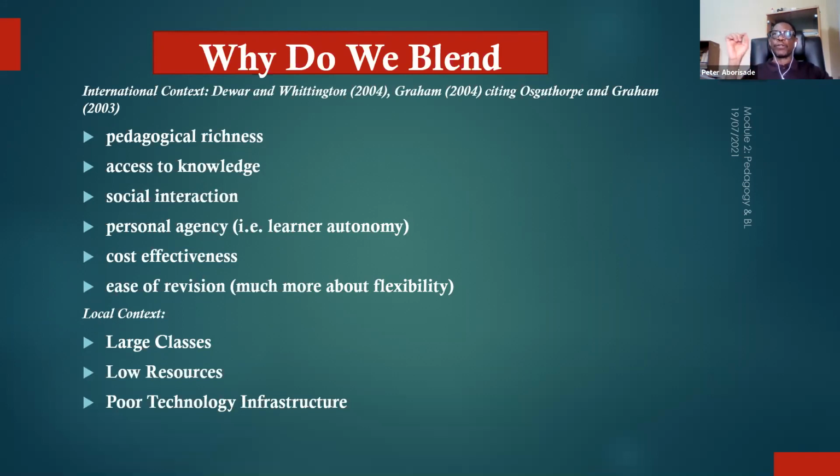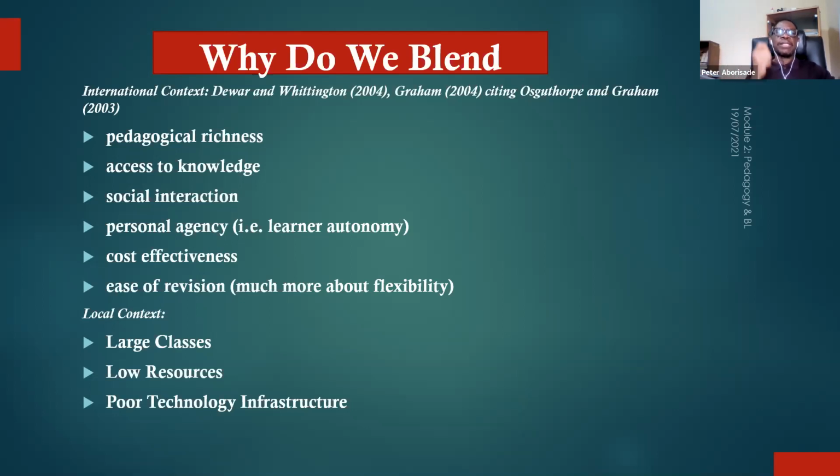Poor technology infrastructure, low resources, and therefore large classes to give access to more and more young Nigerians who want to access education. If we do not find some other means, the face-to-face mortar and brick classrooms will not give that access.